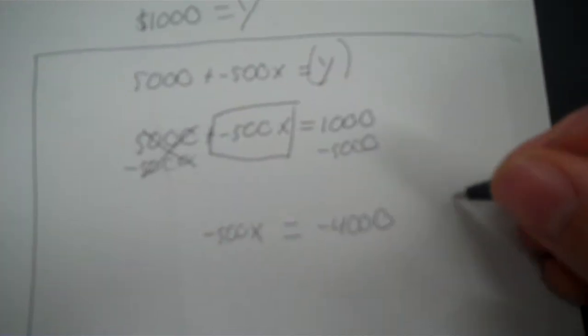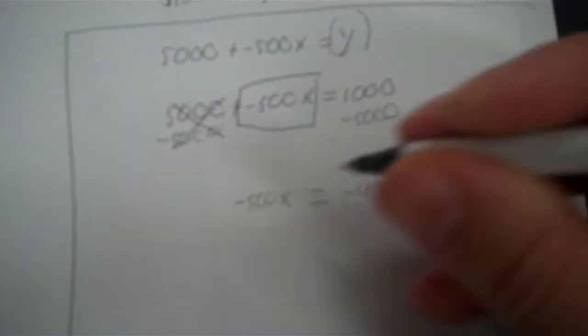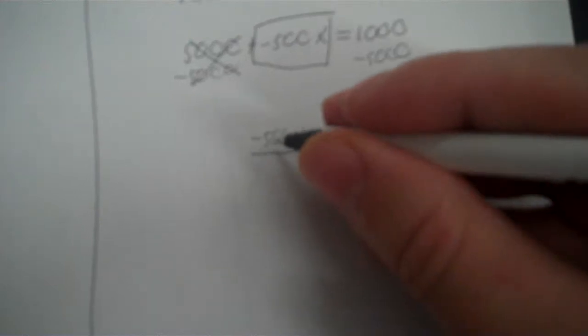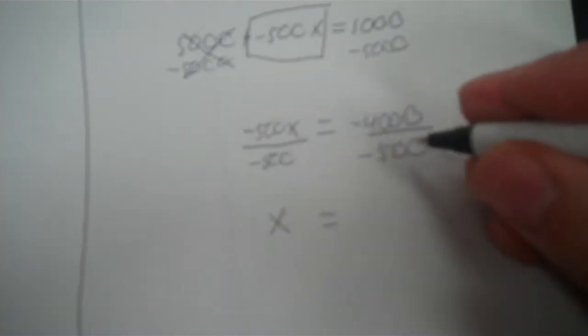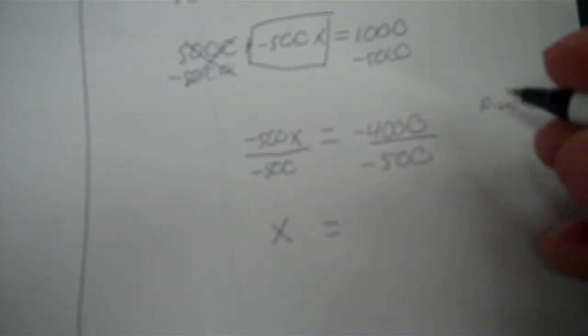So it's in front, so we're going to divide by negative 550. So I've got x, and negative 4,000 divided by negative 550 is about 7.3. So that's the answer in months.